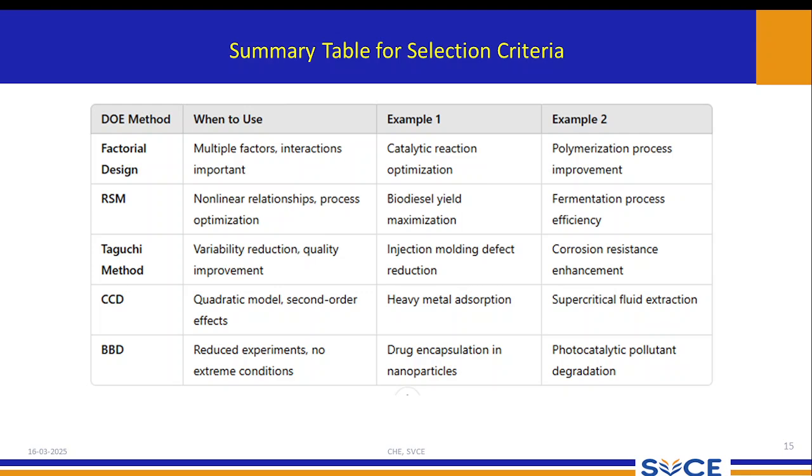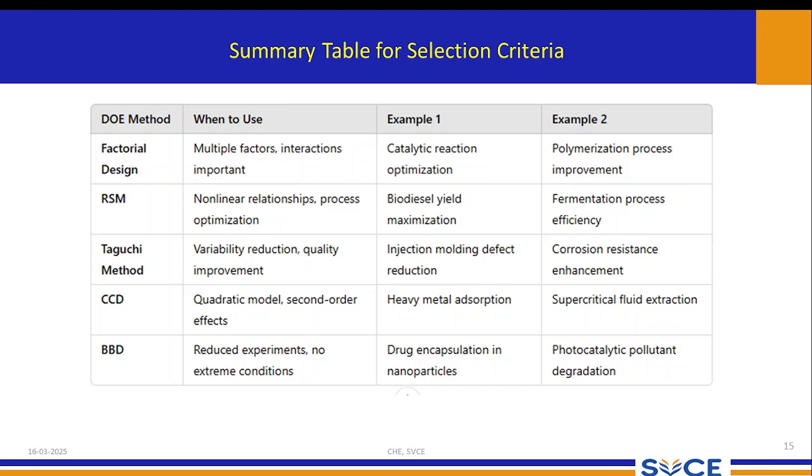The examples from a chemical engineering perspective have been given for all the key points of the design of experiments methods. These are the methodologies we are talking about. For catalytic reaction optimization and polymerization process improvement, we can go for factorial design. For biodiesel yield maximization and fermentation process efficiency, we can go for RSM.